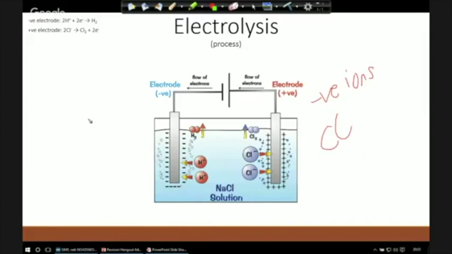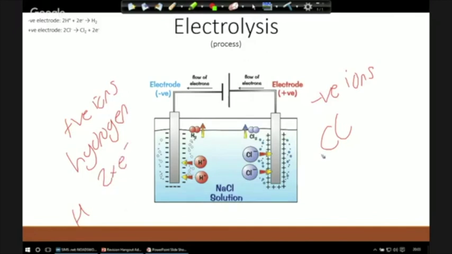Whilst on the negative electrode, we're going to find that we have the positive ions attracted. Reduction is gain. We're going to have hydrogen produced. The hydrogen ions will gain the electrons. But chlorine, they were losing their electrons. So our chloride ions are losing the electrons, becoming a chlorine molecule.